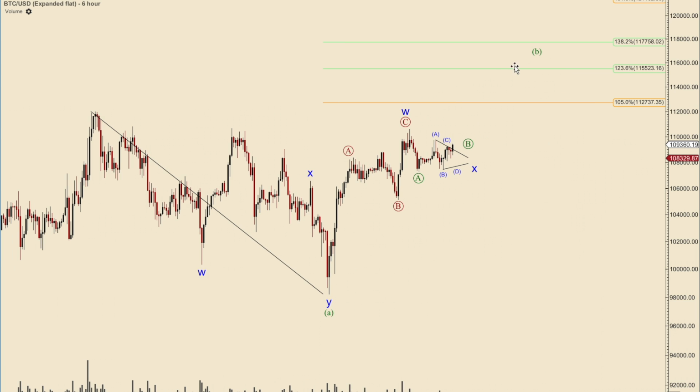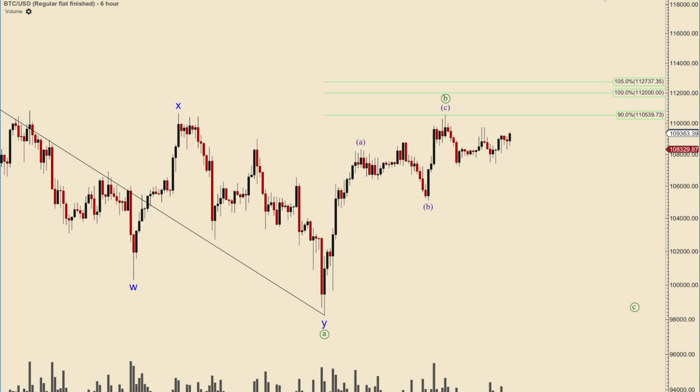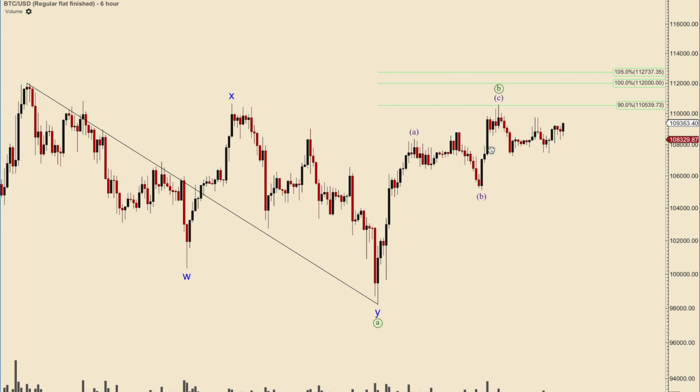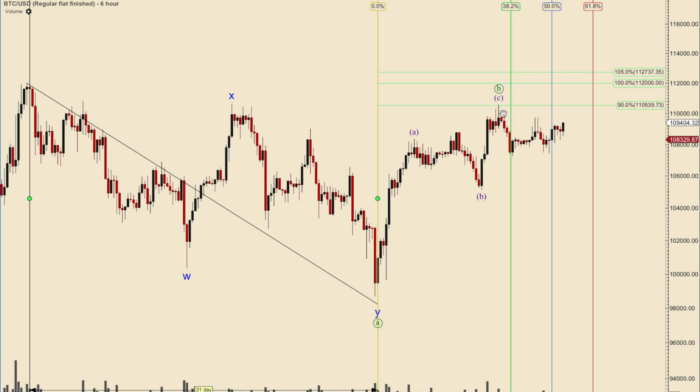And the reason this has a higher probability than a regular flat is, first of all, a regular flat is less common, as I just mentioned. And also, if we count wave B finished here, so here we have a WXY in a A and then a wave B, we can check the time here, and you can see that wave B finished before the 38.2% fib time, which is uncommon.